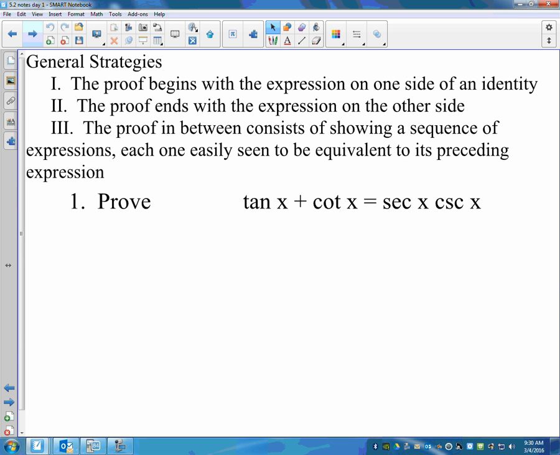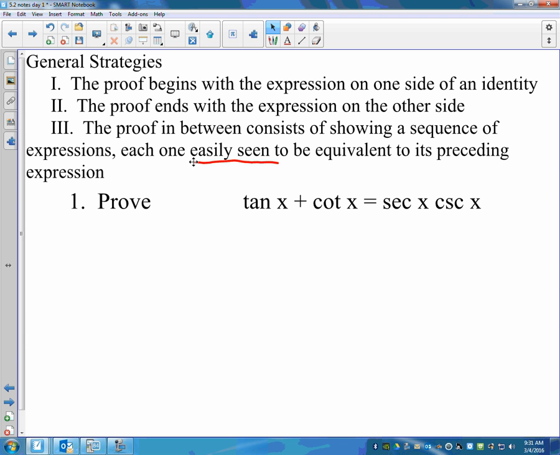So basically you're trying to make one side equal the other side, okay? Step 3, the proof in between consists of showing a sequence of expressions, each one easily seen to be equivalent to its preceding expression, which means when you're writing a proof, you can't skip steps, right?